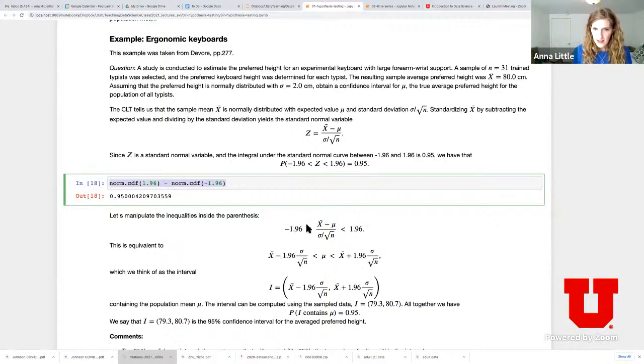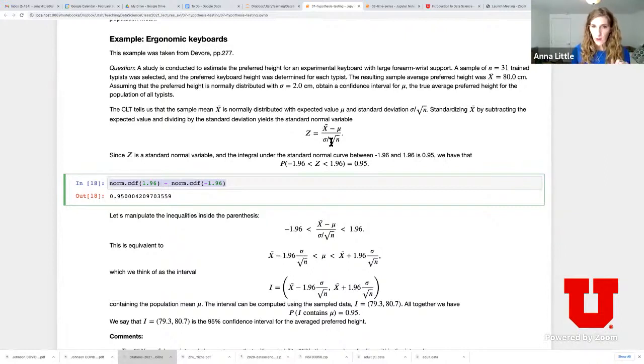So this is equivalent, you just have to manipulate it and rewrite it to mu being in between the sample mean plus 1.96 sigma over the square root of n and the sample mean minus 1.96 sigma over the square root of n.